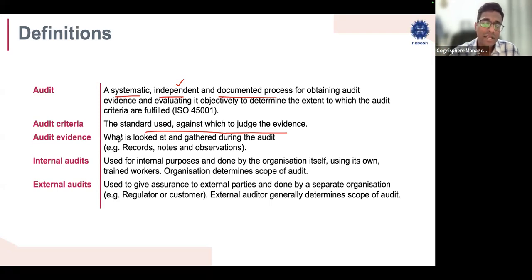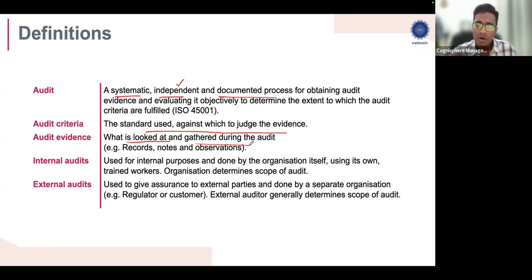Okay, audit evidence is what is looked at and gathered during the audit. Okay. So during the audit, you may interview the workers, you may do a direct physical observation of the workplace, you may collect the documents to seek any evidence. Okay, like the training records, maintenance records, the risk assessment.